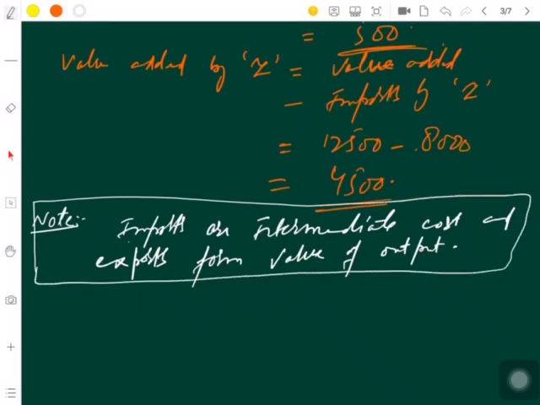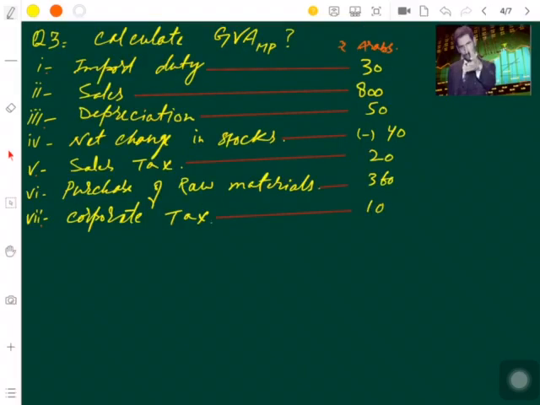So dear students, here we are done with this thing as well. Now let us take one more question for you, because as much practice you do, so much better will be for you. This is calculate gross value added at market price. The particulars are import duty, sales, depreciation.